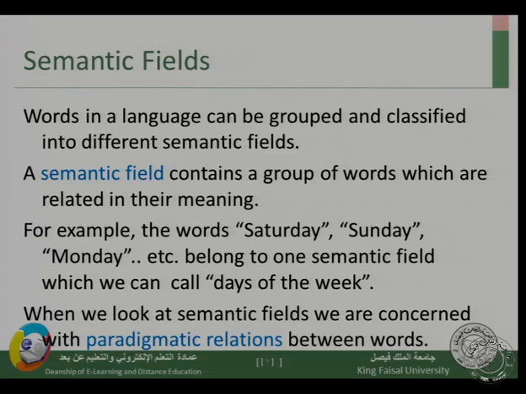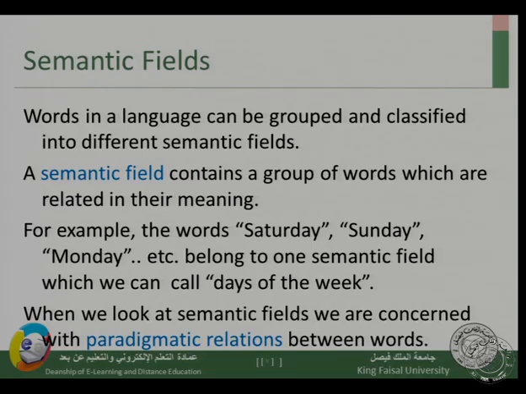For example, the words Saturday, Sunday and Monday all belong to one semantic field which we can call days of the week. It doesn't matter which name you give it. We also have months, for example, January, February, all these months we can call months of the year.